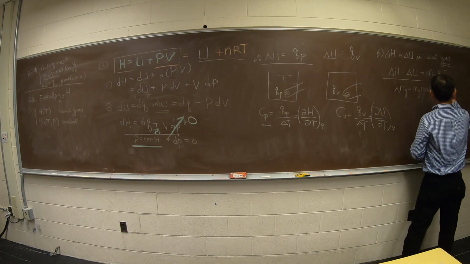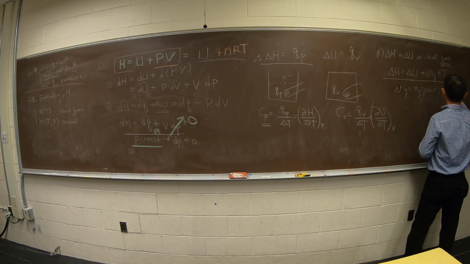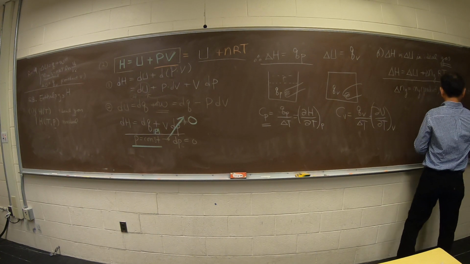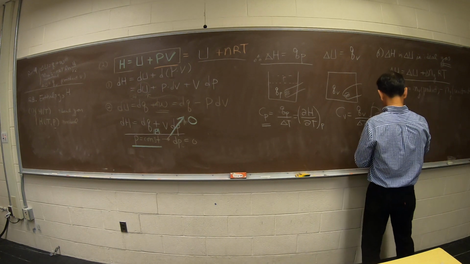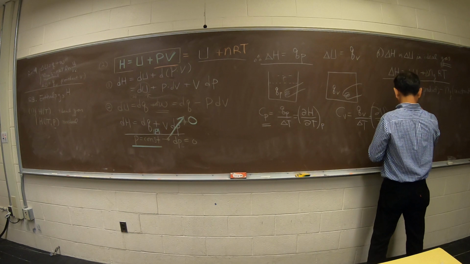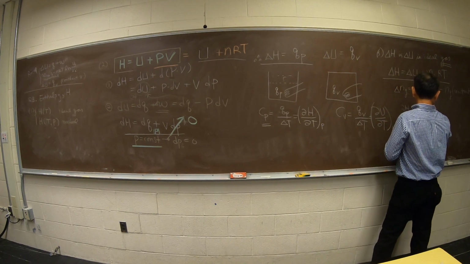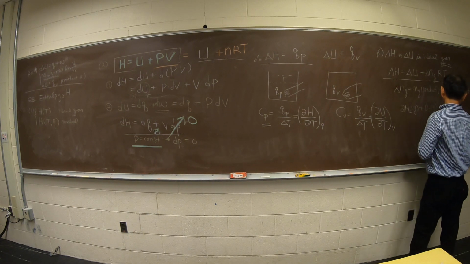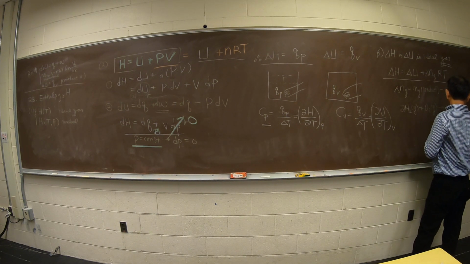minus, if I subtract it, the number of gas in the reactant. So 2H2 gas, O2 gas, 2H2O.